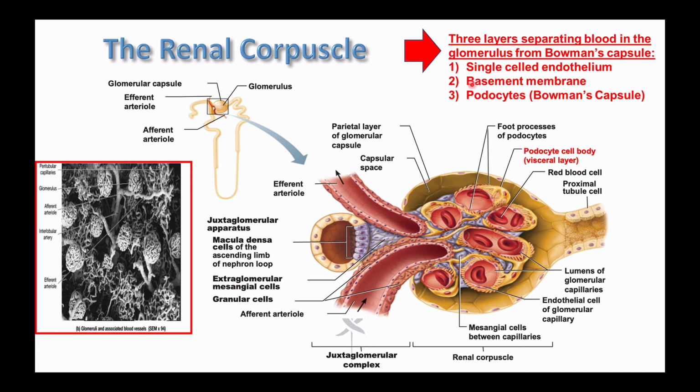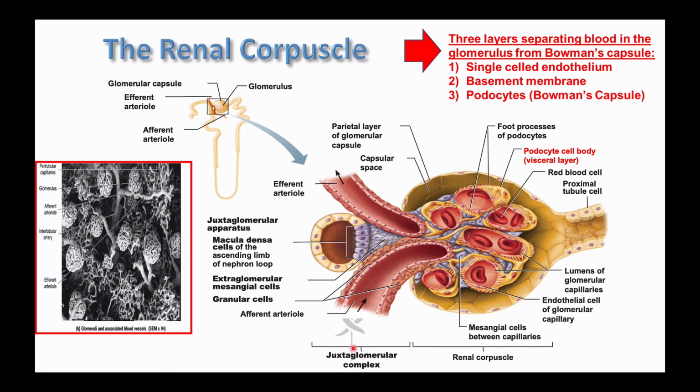Single-celled endothelium is present, the basement membrane is present, and there is the podocyte cell, which makes up the Bowman's capsule. Here is the juxtaglomerular apparatus. When the afferent arteriole enters, the loop of Henle structures are here, and there are cells deciding the amount of urine to be filtered.